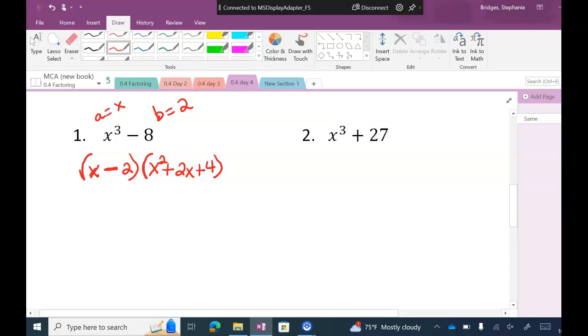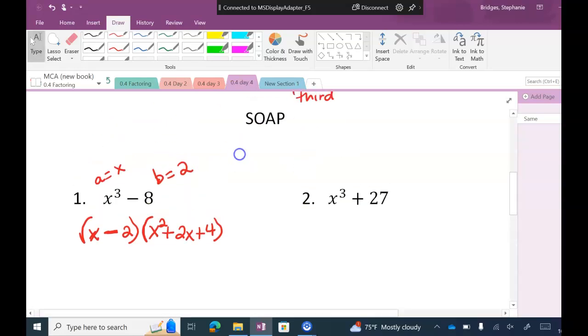Now, do you know how when we did the perfect squares that sometimes we could break some of them down again? We need to check and see if we can break anything down. However, this trinomial right here will never be able to break down and factor, so there's no need to even try. So the only part we really look at is that first parenthesis, x minus 2.